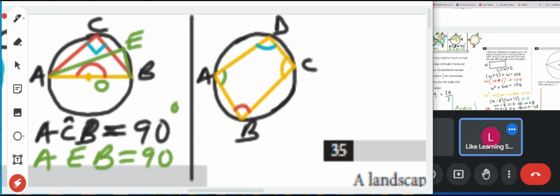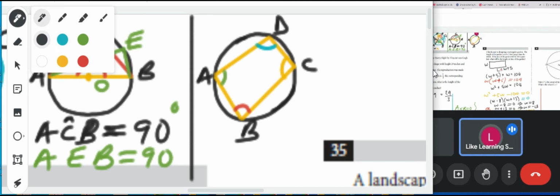Opposite angles of a cyclic quadrilateral sum up to 180.